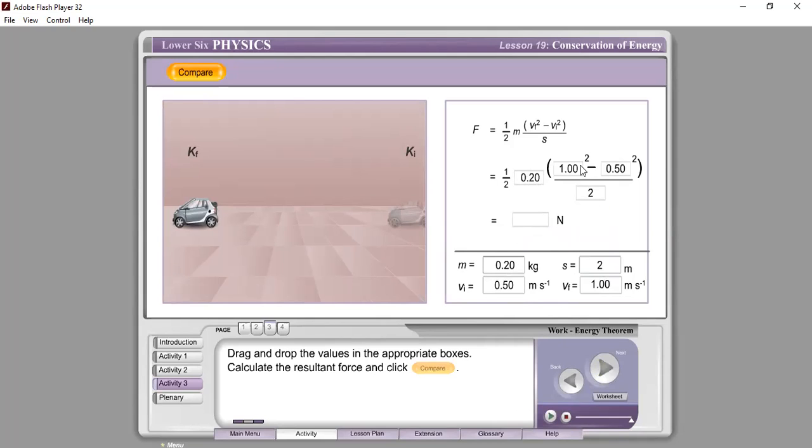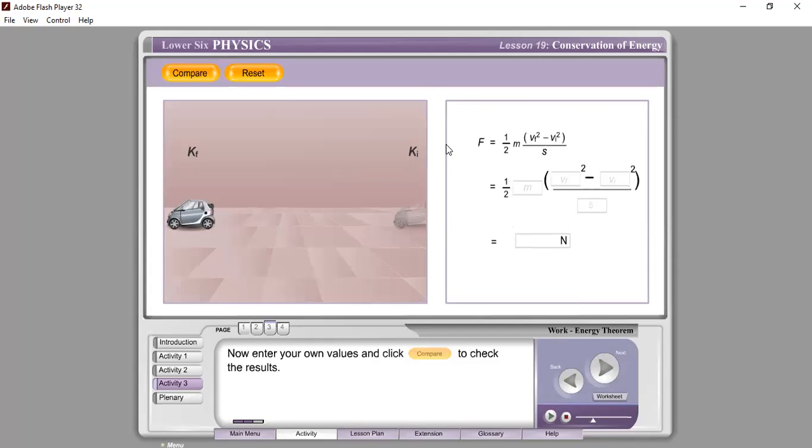So we get 0.2 over 2 times 1 squared minus 0.5 squared, over 2. So we get 0.0375.